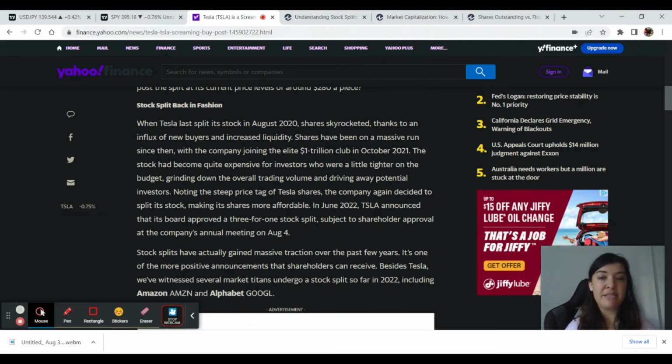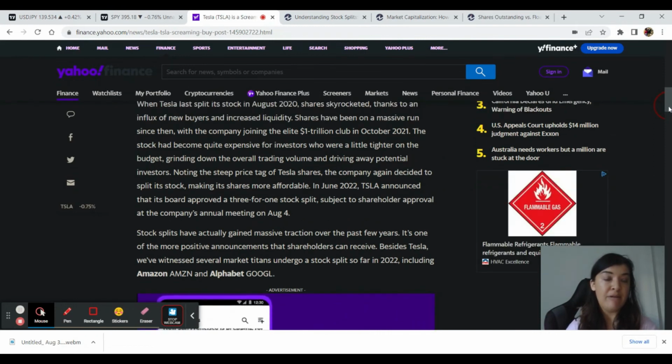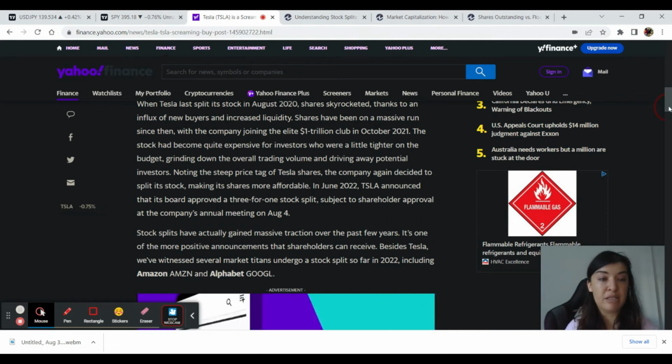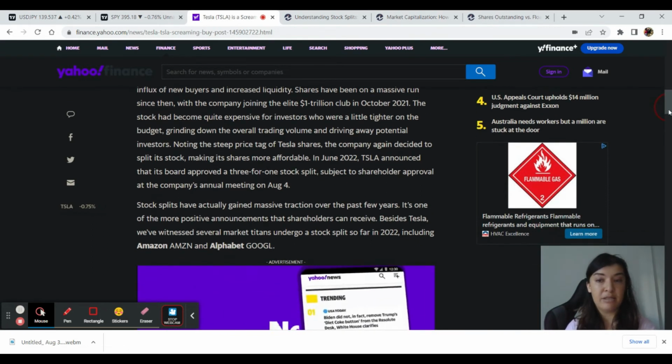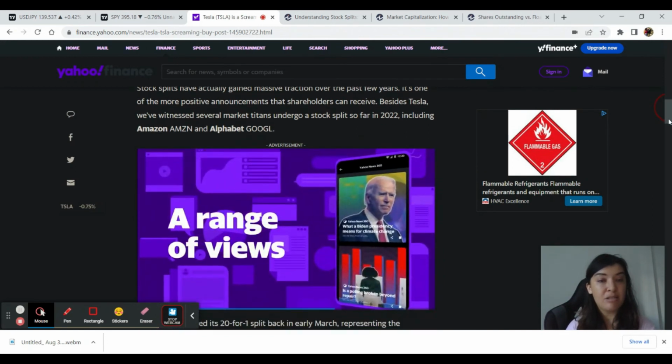What I'll point out is that the number of outstanding shares increases because more people invest in it, but the market cap, which is the amount of money and the value, does not. When they split the stock, that does not increase. Okay, so yeah, we've been seeing a lot of stock splits recently.